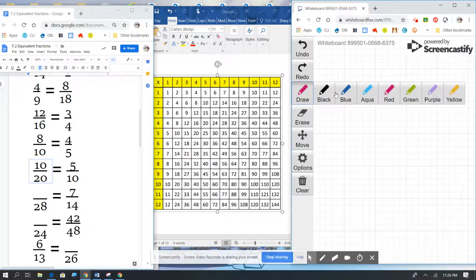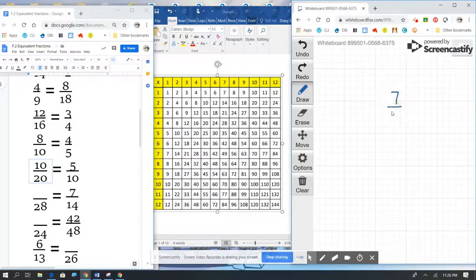So let me just write it. 7, 14. And here's 28. So the relationship here is 2, right? Then the relationship here also is 2. So 2 times 7 is 14. So here will be 14.